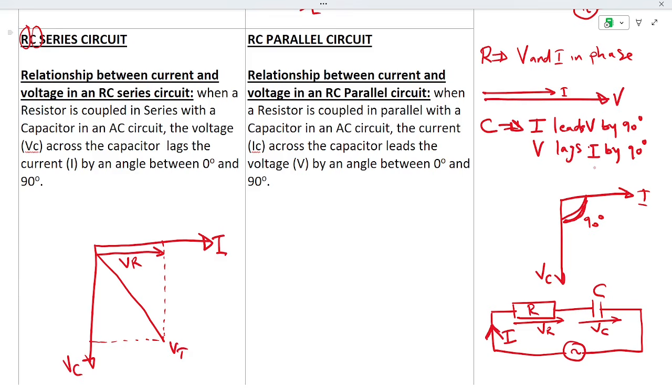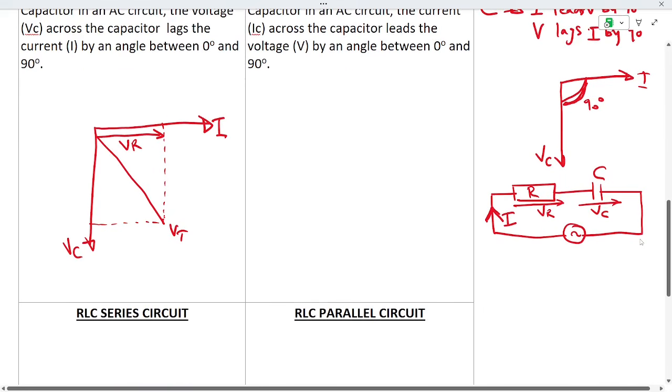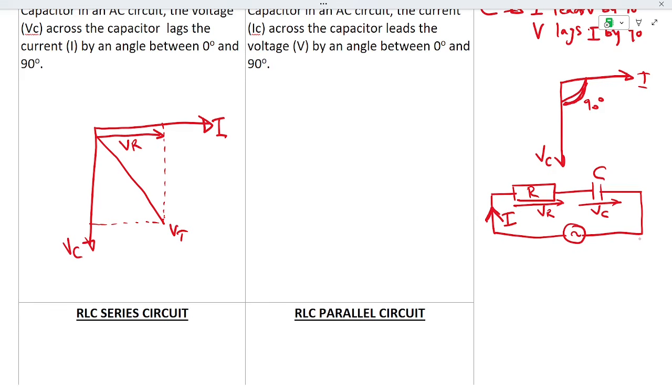In parallel, let me create some space. In parallel, you won't even have to memorize the theories that are written about the relationship between current and voltage in RC circuits, if you know how to do this. So RC parallel circuits, we're going to have a supply there with an AC, and then we have this, we have that.